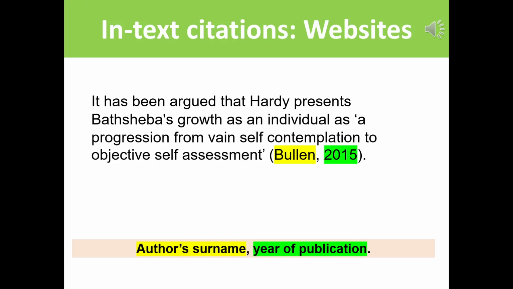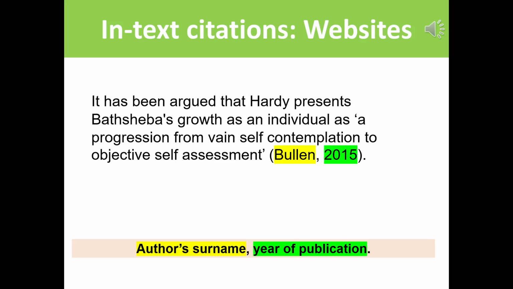The type of source that you're most likely to have quoted directly from in your coursework essay is a website or online source. And again, if you are quoting directly from an online source in your essay, you need to give an in-text citation immediately after the quote that you give.